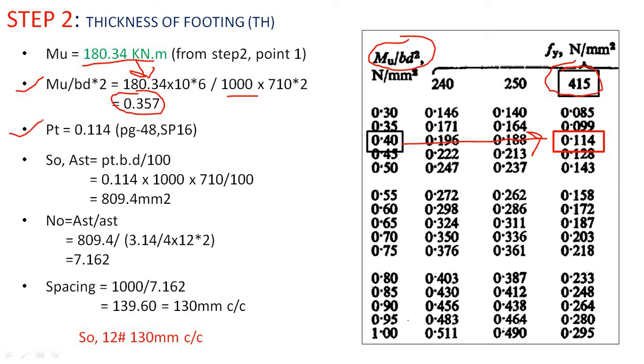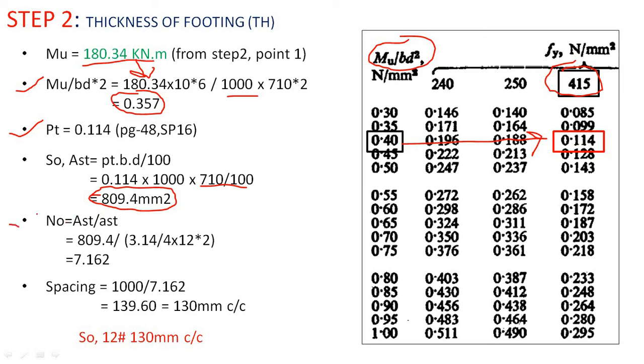And so we will find the capital Ast, which means area of steel in tension, which can be calculated as Pt bd by 100. In our case Pt is 0.114 into b, which is 1000, and d is 710, divided by 100. So we have the area of steel as 809.4 mm square.